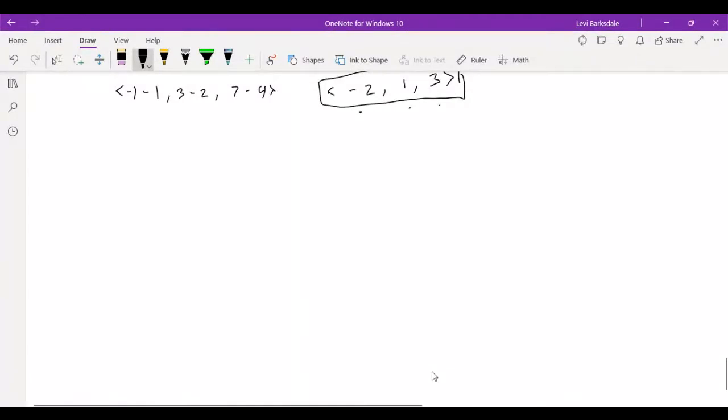All right, let's talk about a really important concept of vectors, and that's their magnitude. The magnitude is also known as the length of a vector. You'll see it often denoted with either absolute value bars like this or double absolute value bars like this. And basically all it is, it's the length.